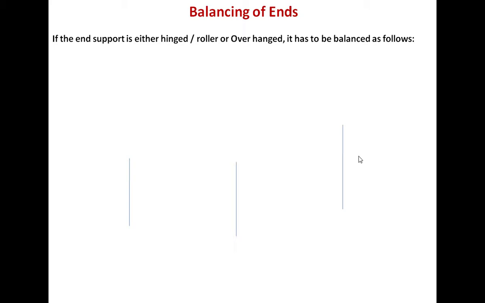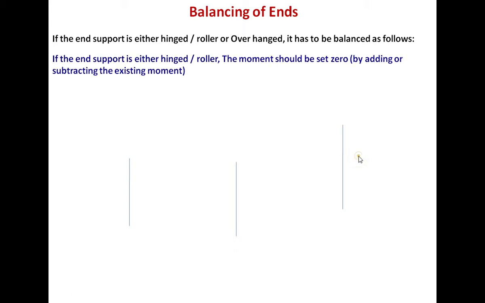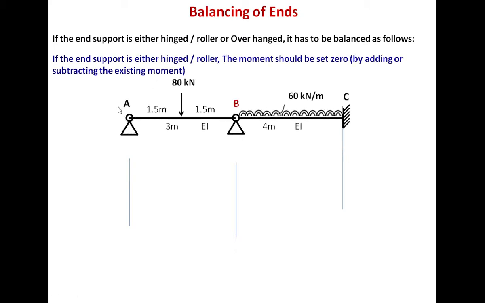Balancing of end is a concept we have to apply in case there is a hinge, roller or overhang support either at the starting or at the end. Let us say this is a problem. Here, at the starting itself there is a hinge support. We know a hinge support at an intermediate point acts as a continuous support, but if it is at the starting, then the bending moment at this point has to be 0.